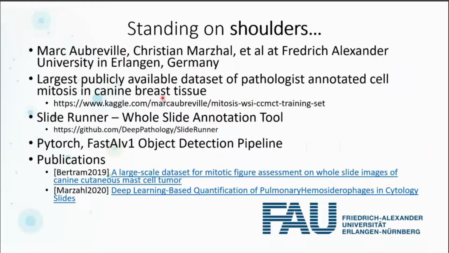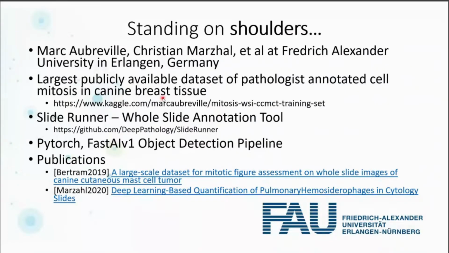And you might say, well, gee, canine breast tissue isn't human breast tissue, but there's general agreement that the mitotic structure and activity is similar between these two types of breast tissue, and so it forms an excellent foundation for generating a dataset that can be utilized in deep learning experiments.